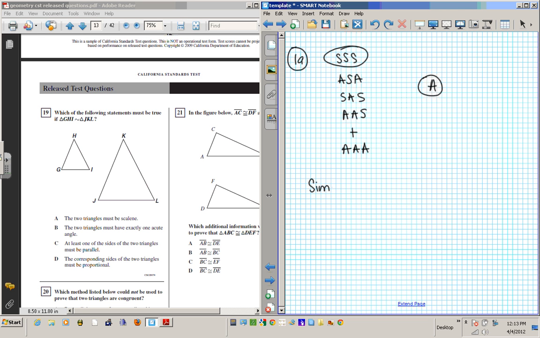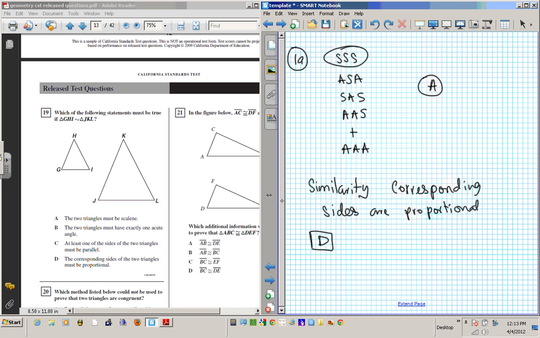Similarity basically means that corresponding sides are proportional. This is what similarity basically means. Okay, so the answer to this is D.